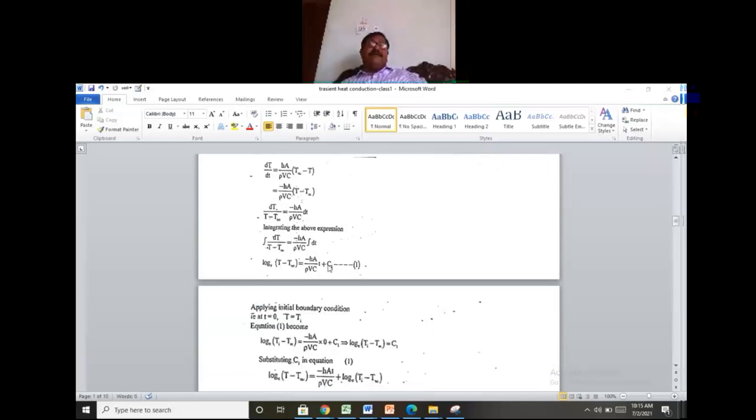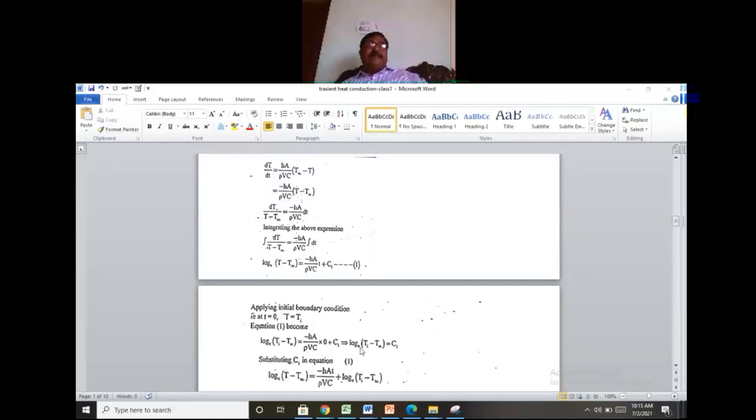If you call this equation 1, apply the initial boundary condition: at time t equal to 0, temperature T is equal to Ti, that is, the temperature of the solid is the initial temperature of the solid. Substituting the boundary conditions in the above equation, you get log of Ti minus T infinity, where Ti is the initial temperature at time t equal to 0, equal to minus hA over rho V c into t equal to 0, substituted in equation 1, plus C1.